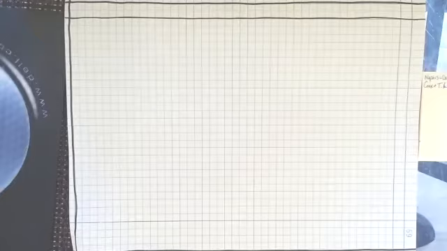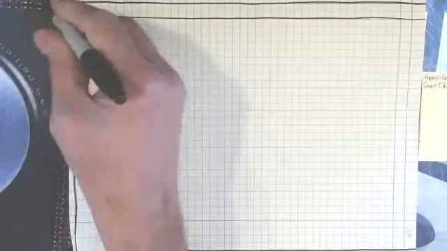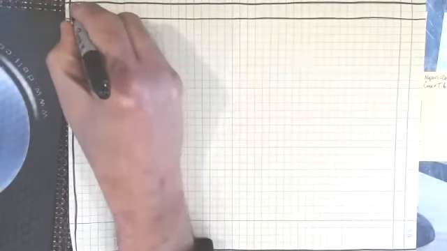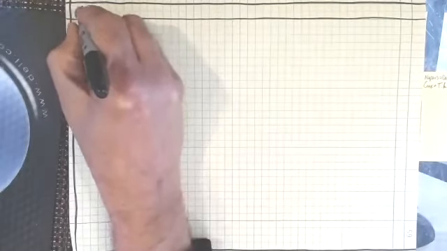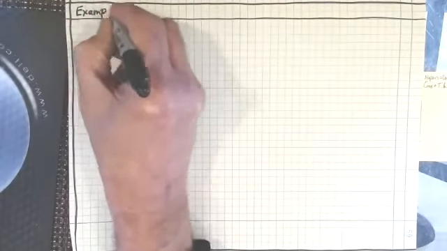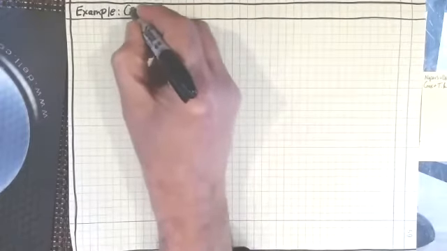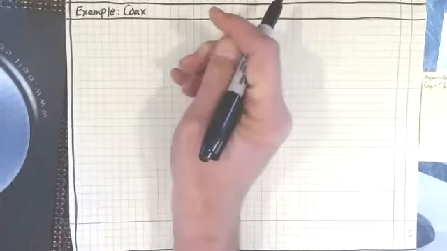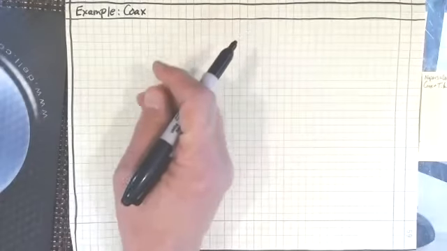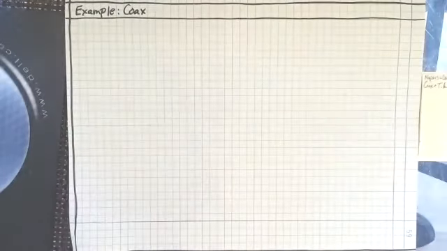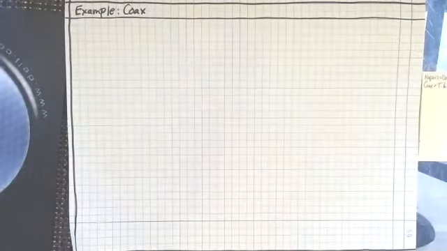All right, so what I want to do today is an example. I think the easiest way is to look at an example of coax and see how we use the various different equations for coax.